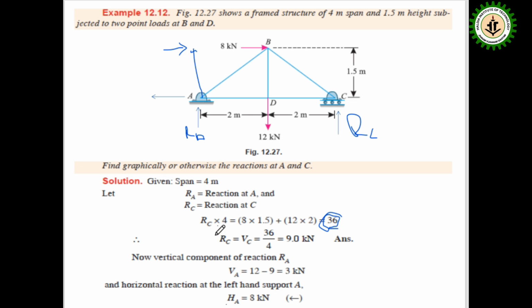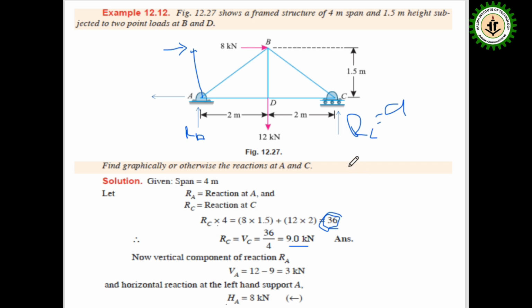Then RC will be 36 divided by 4, which is 9 kilonewton. So RC equals 9 kilonewton. Then RA, or VA, whatever it is, RA equals 12 minus 9, where 12 is downward.